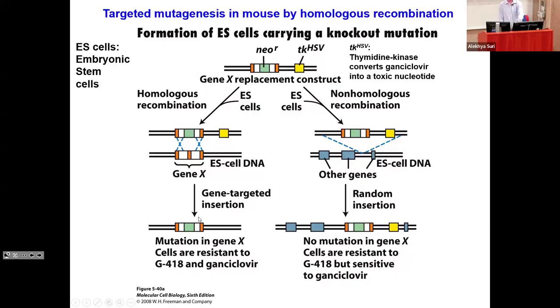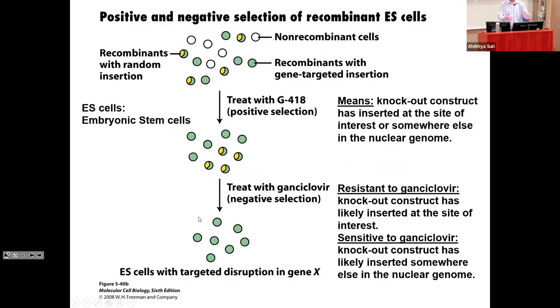In contrast, if the DNA fragment is somewhere else in the genome, thymidine kinase is present, and those are sensitive to ganciclovir. So these two different compounds allow a dual step screening.